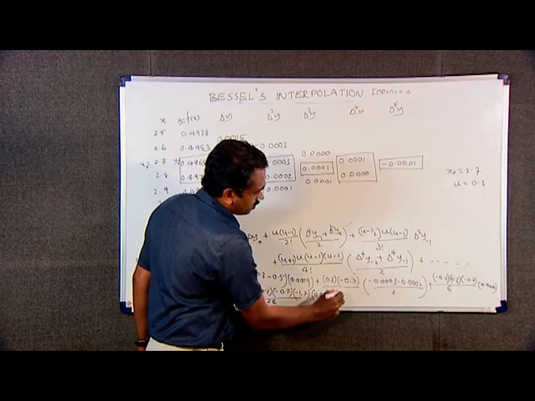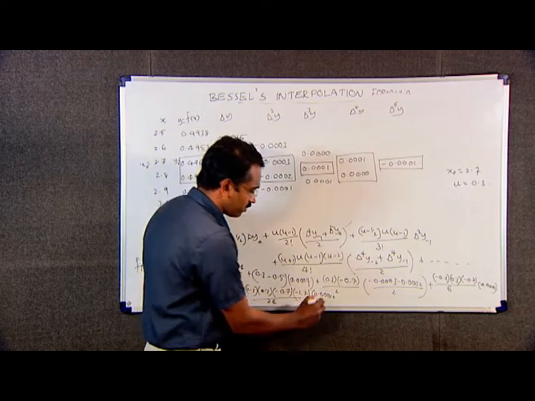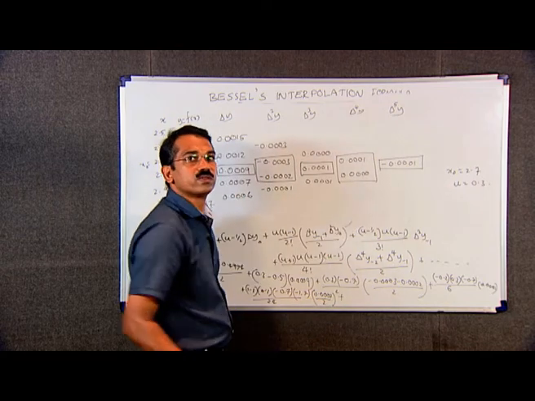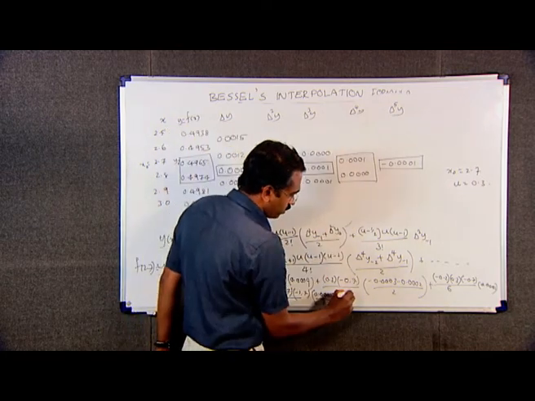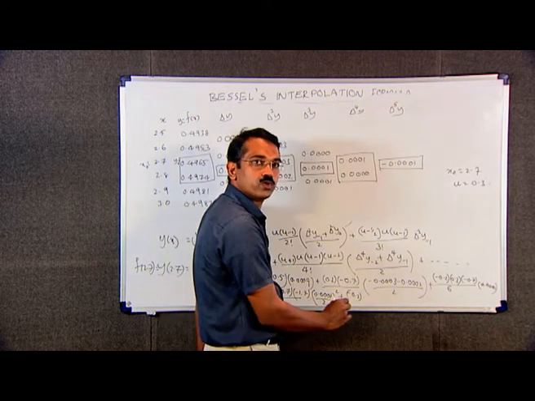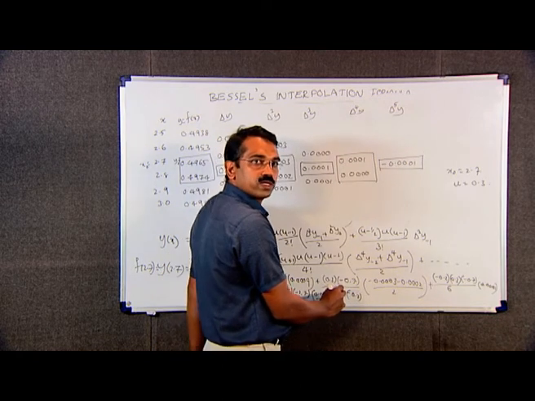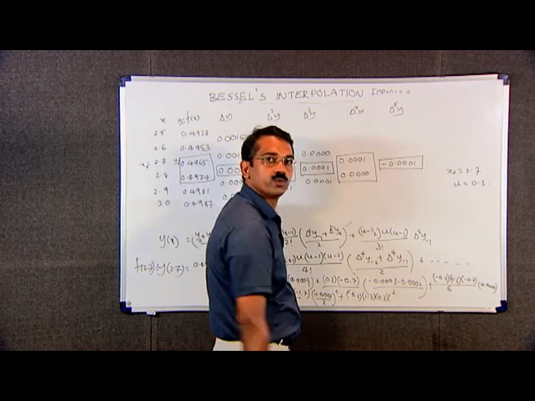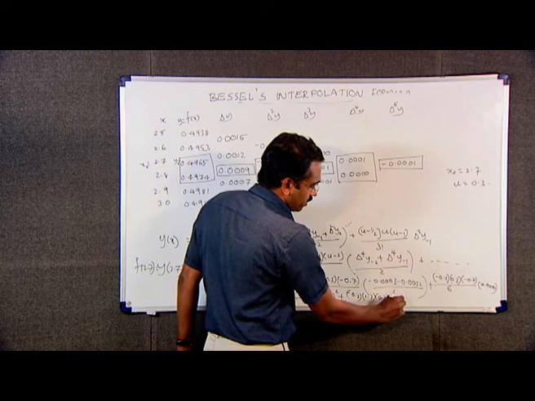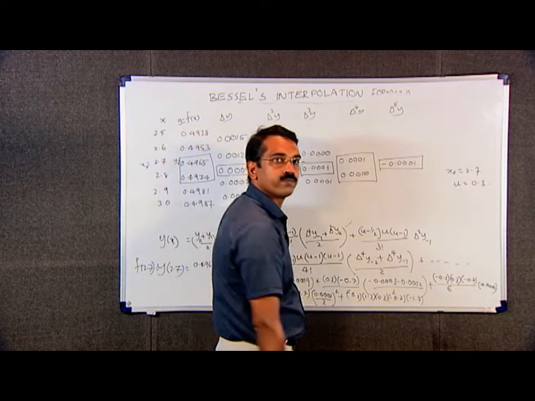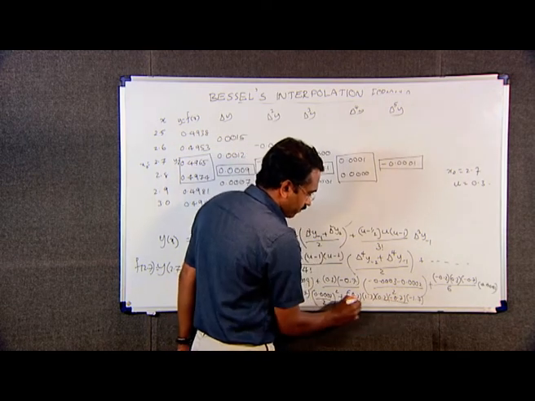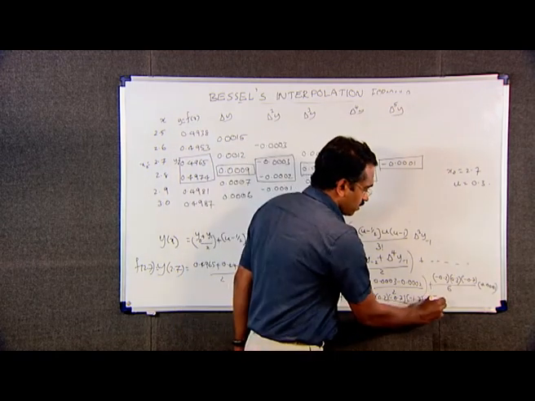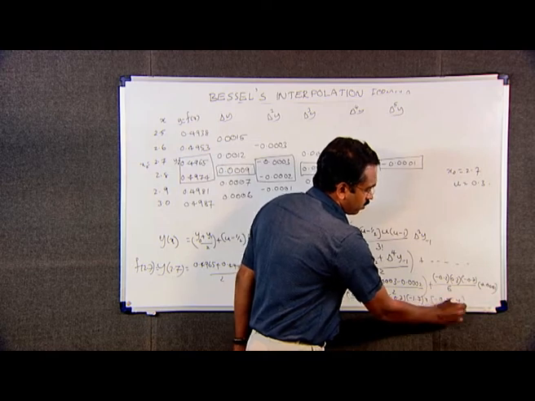plus 0 divided by 2, plus the next term, minus 0.2 into 1.3 into 0.3 into minus 0.7 into minus 1.7 divided by 120 into minus 0.0001.